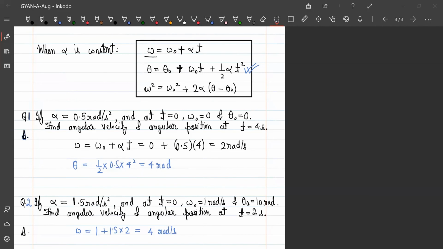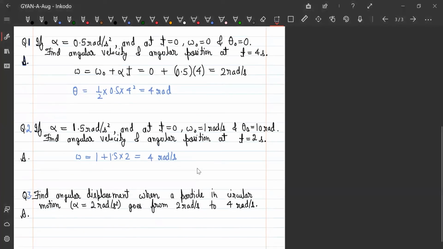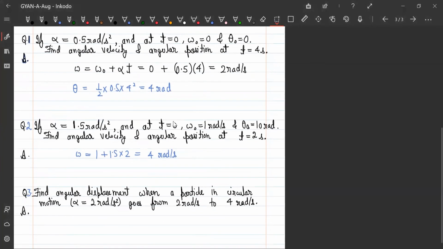Sir, can you show question 3? नमन, क्वेश्चन 2 का सेकंड पार्ट आया क्या? हाँ सर बस। ठीक है, ठीक। Tell me first time.